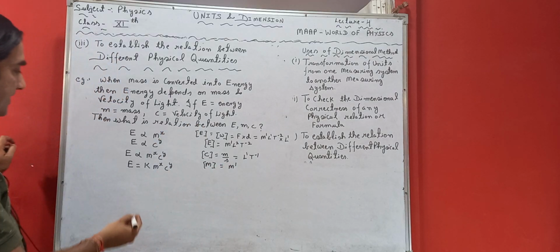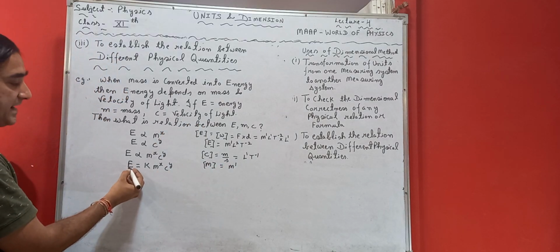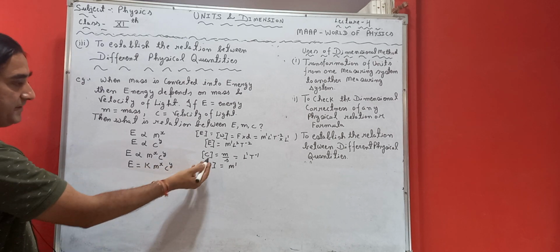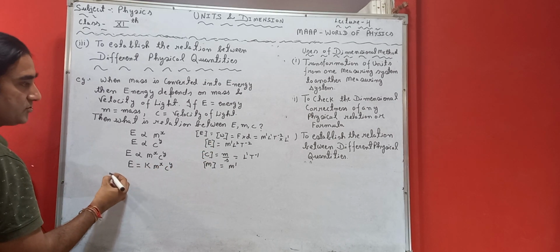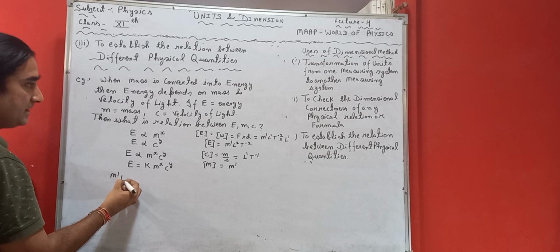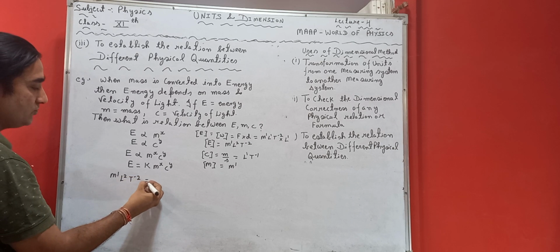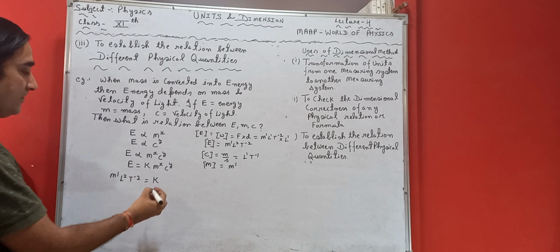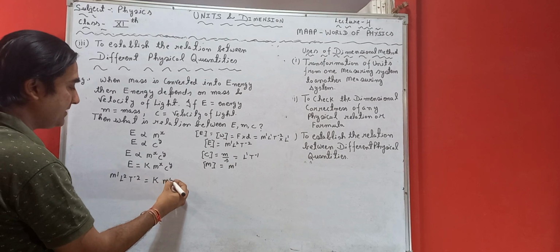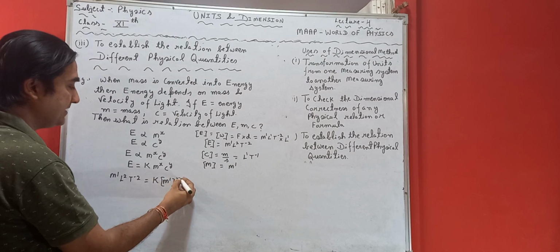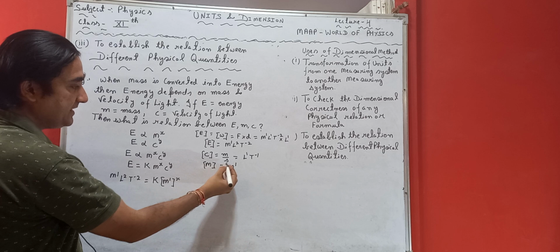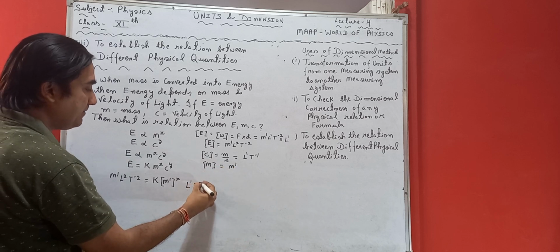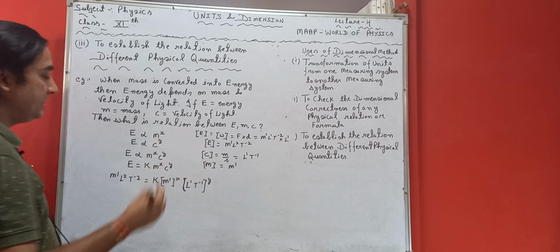So we can write these values here: energy M^1 L^2 T^-2 is equal to k times M^1 raised to power x, times c, which is L^1 T^-1, raised to power y.